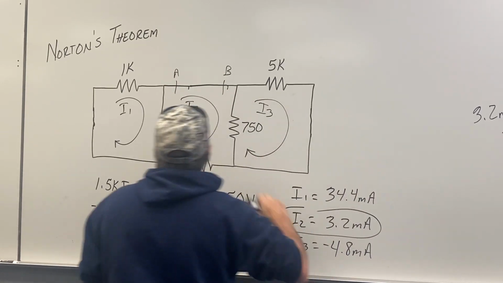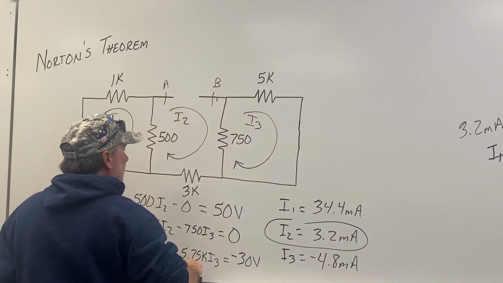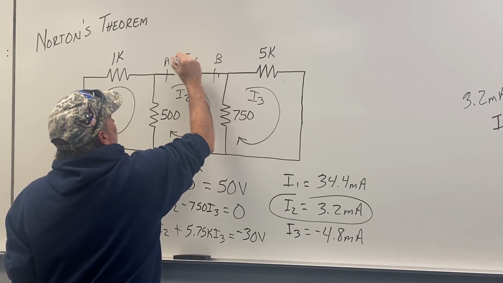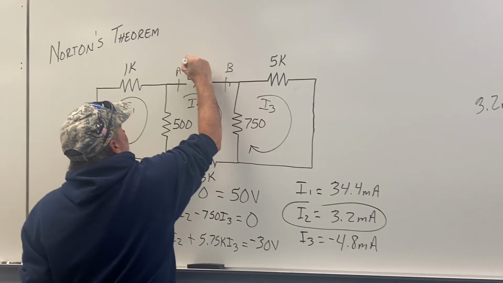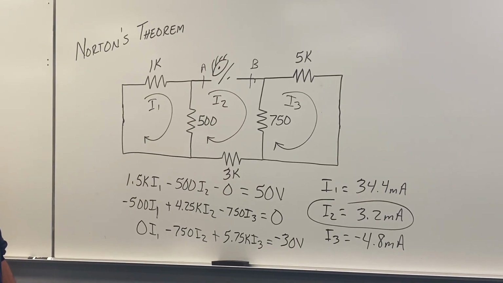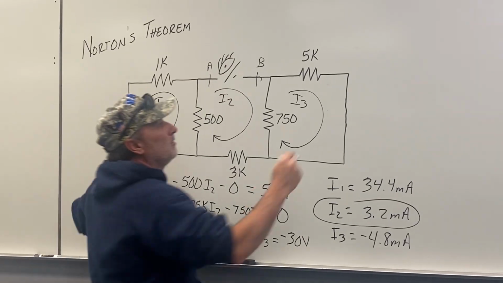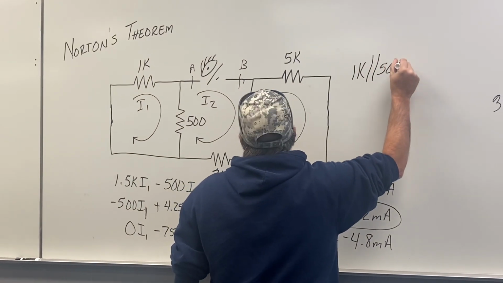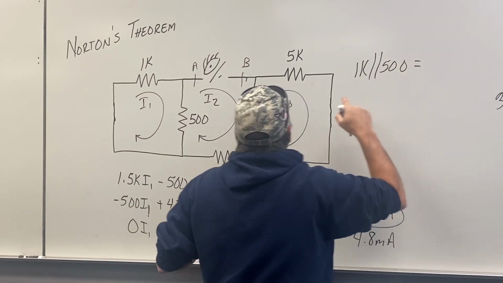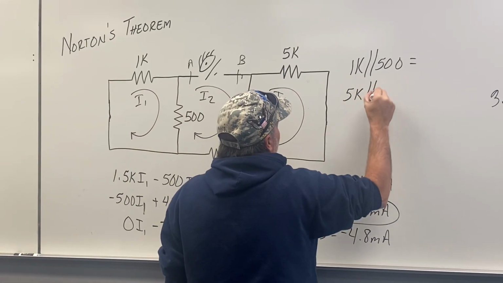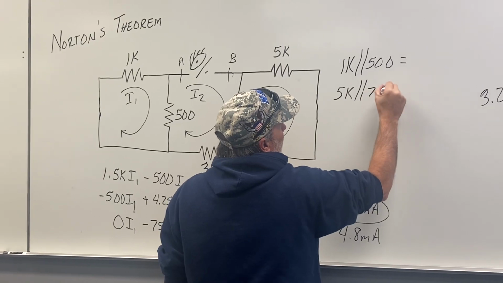Then we go back to where our load was and we either put in our fake battery, or I like to put a little I. We look back from there and we're going to get our R total. I have my 1K in parallel with my 500 ohm. And on this side, I have 5K in parallel with 750.